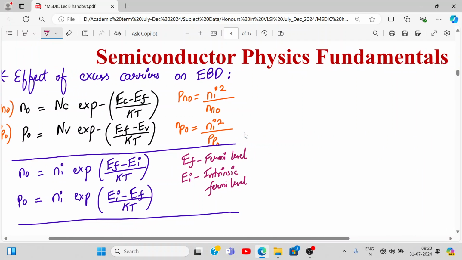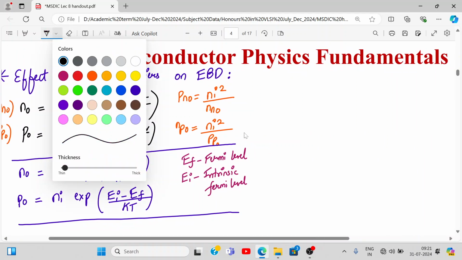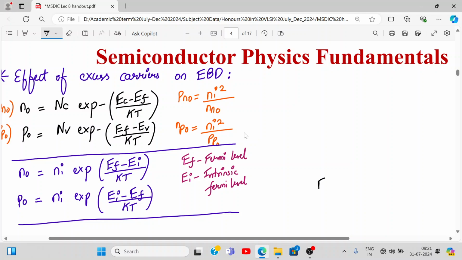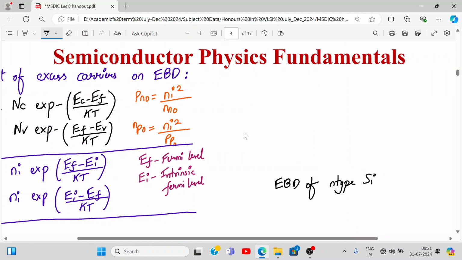Let's say for example, we have to draw the energy band diagram of N type silicon. Completed. This is the revision which I am doing.